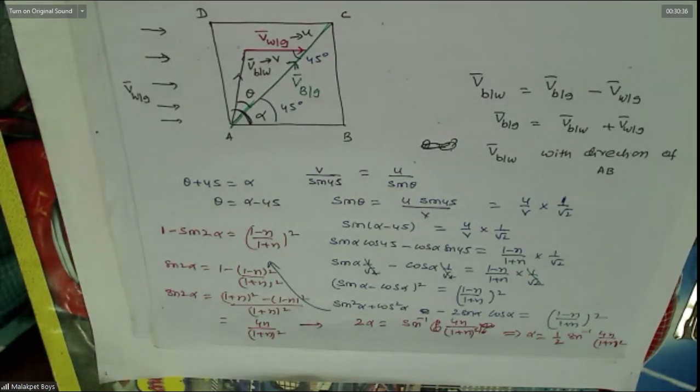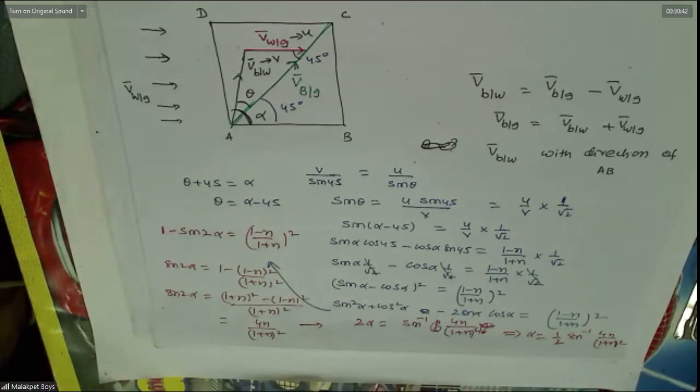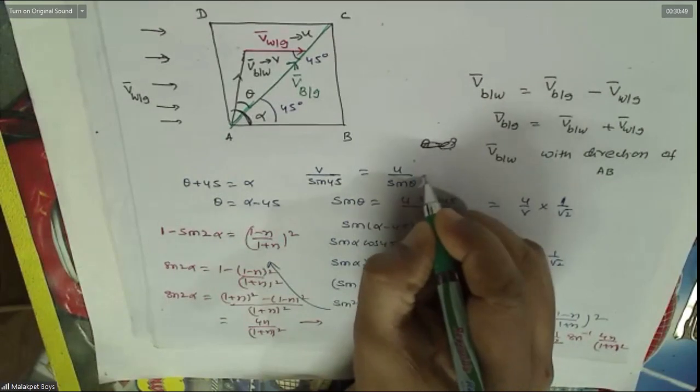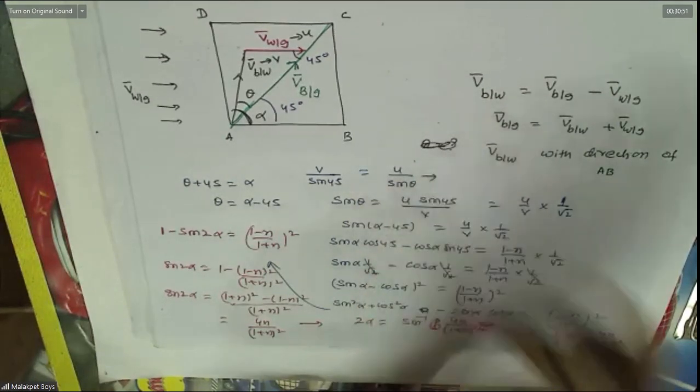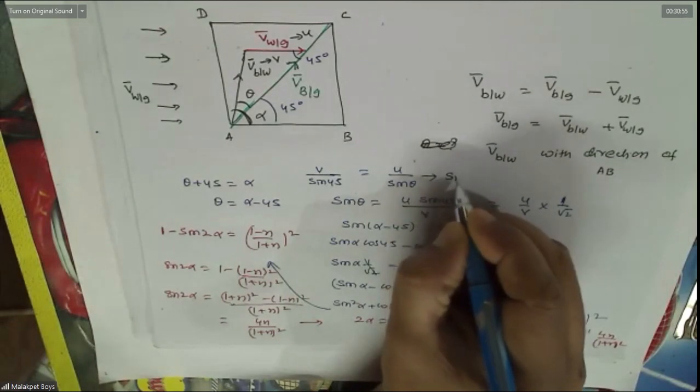Sir, one doubt. Tell, any number of doubts you can ask. Sir, I'm not understanding how you are taking V by sine 45 equal to U by sine theta. You finished trigonometry in mathematics, no? There is something called the sine rule, remember?